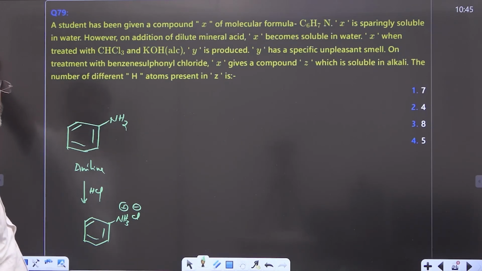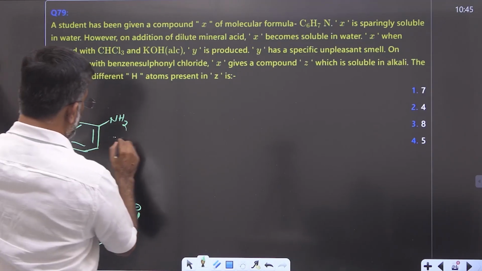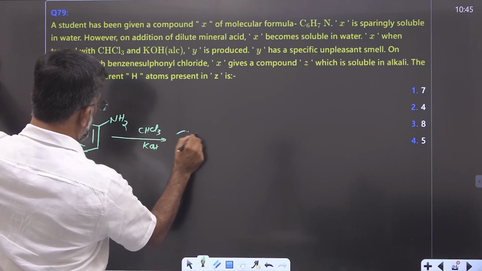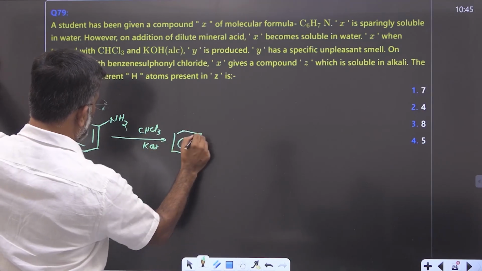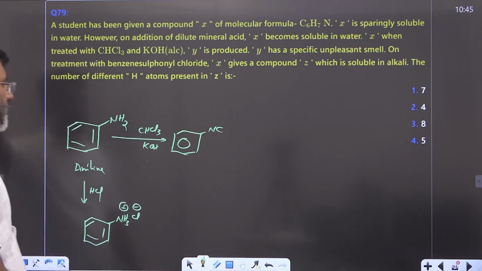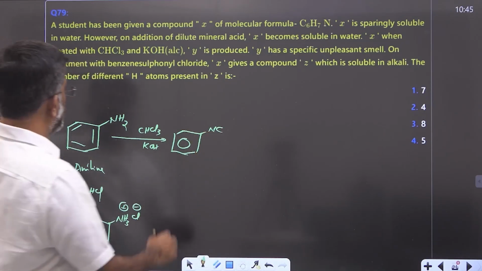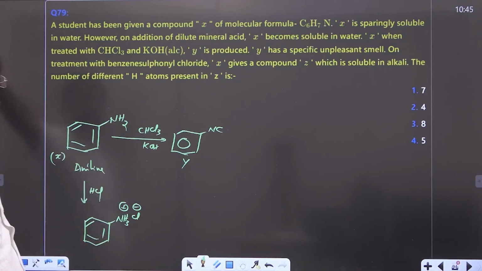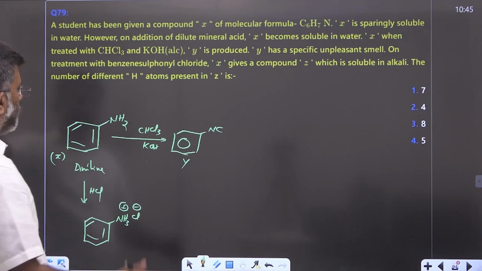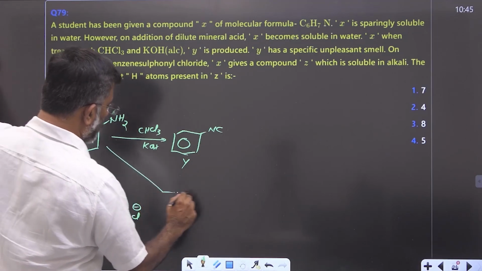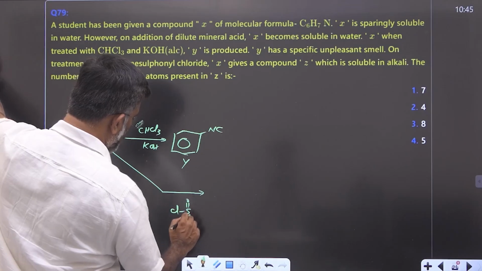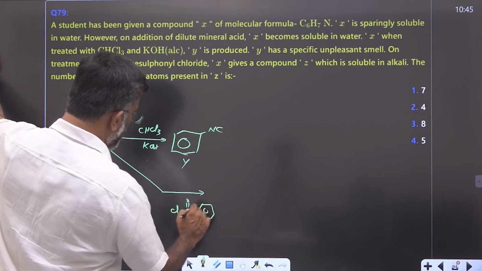Right. X, when treated with chloroform and KOH, gives Y. So this, when treated with CHCl3 and KOH, you will get isocyanide, benzene isocyanide, and this is Y. So this is X and that is Y. Now on treatment with benzene sulfonyl chloride, everybody remembers the Hinsberg reagent.